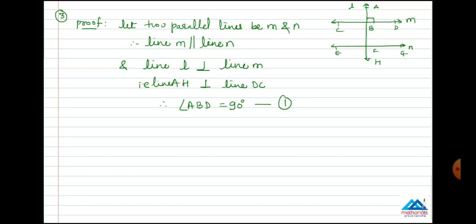So student, हमको प्रूफ करना है कि लाइन L, N से भी परपेंडिकुलर है. So line M parallel to line N and line L is a transversal.